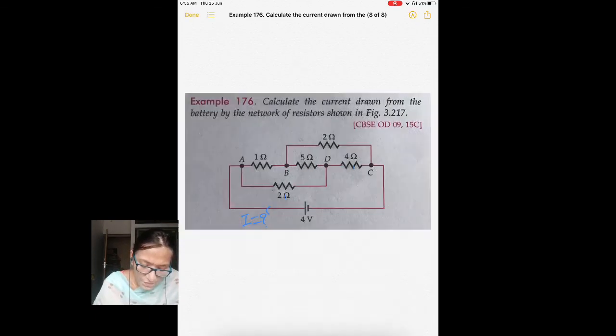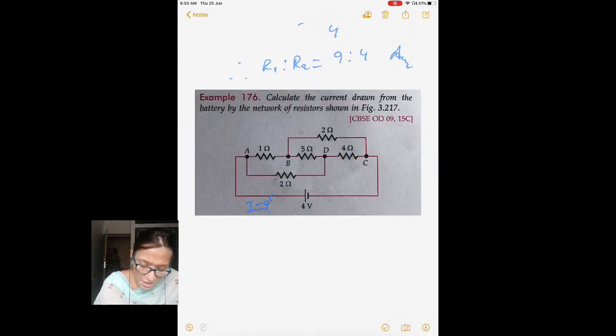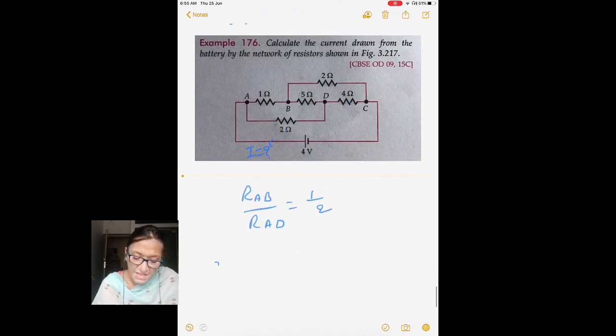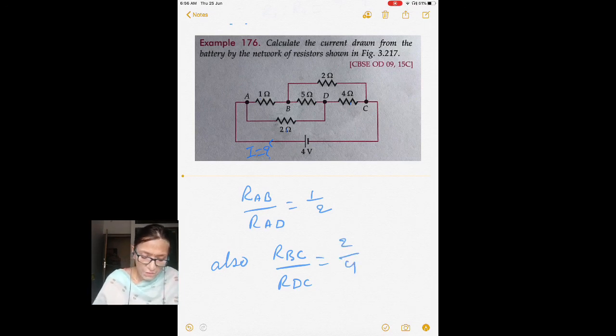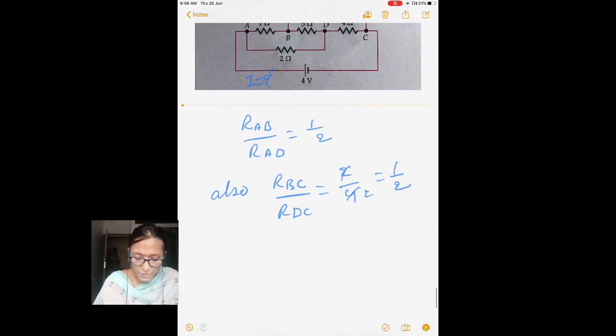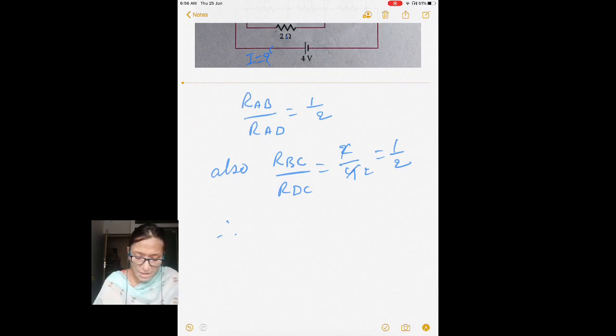So RAB upon RAD is equal to 1/2. Also, RBC upon RDC is equal to 2/4, that is equal to 1/2. Therefore, the ratio is the same, so RAB upon RAD is equal to RBC upon RDC.